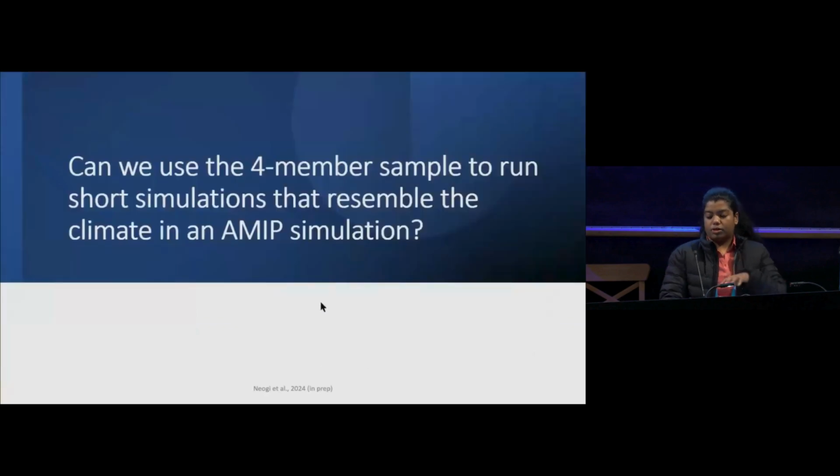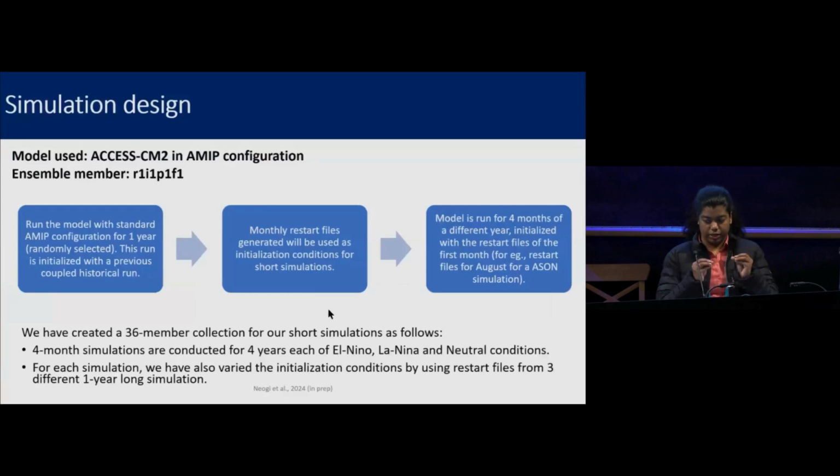So we also wanted to reproduce this in short simulations using the ACCESS model. We've used the ACCESS model in an AMIP configuration, and we've tried to run these short simulations where we basically run the model for 1 year, a randomly selected year, and then we use the restart files generated for each month as our initialization condition for short simulations.